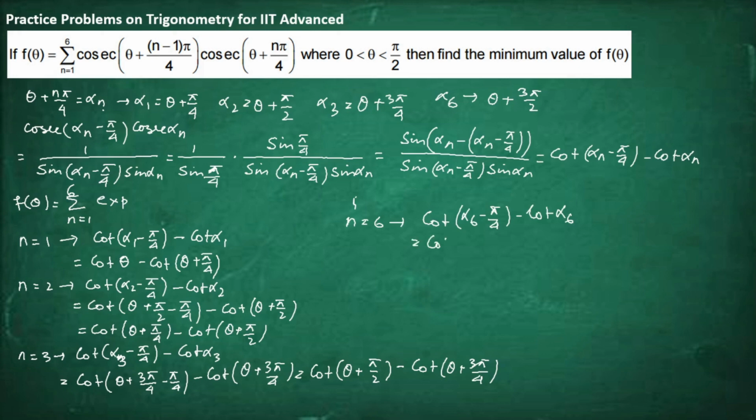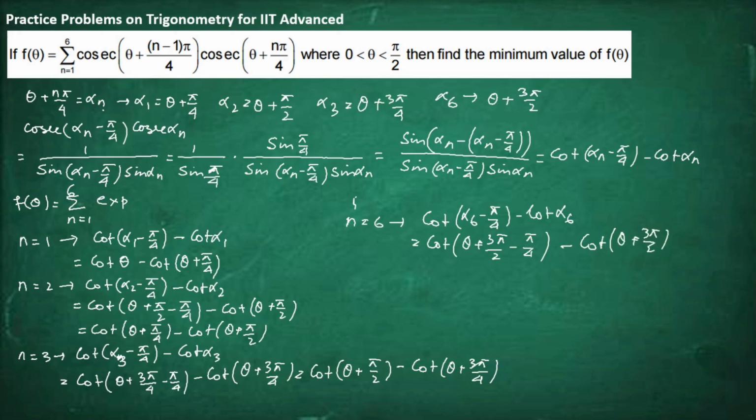So we are getting cot(theta plus 3 pi by 2 minus pi by 4) minus cot(theta plus 3 pi by 2).